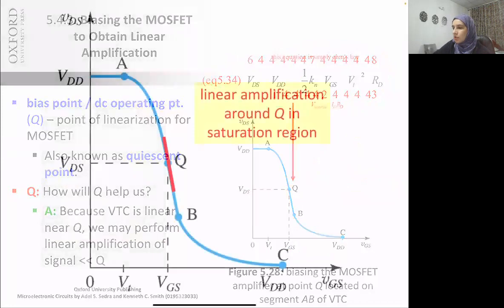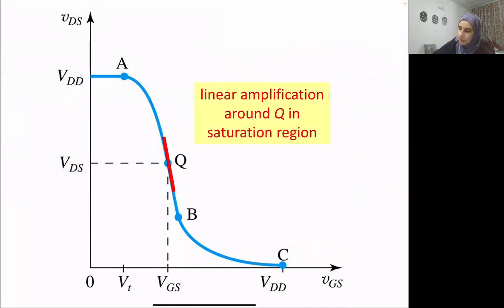Now, once we decide this large value of the VGS, we can basically operate around it in this small region, where our behavior is as a linear line here.